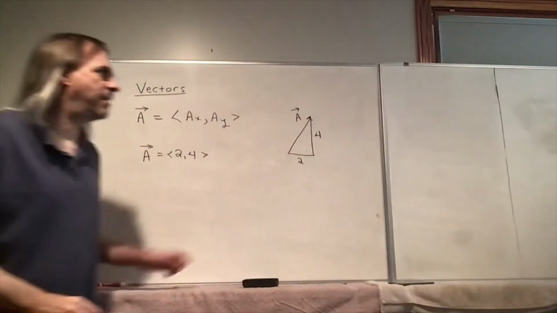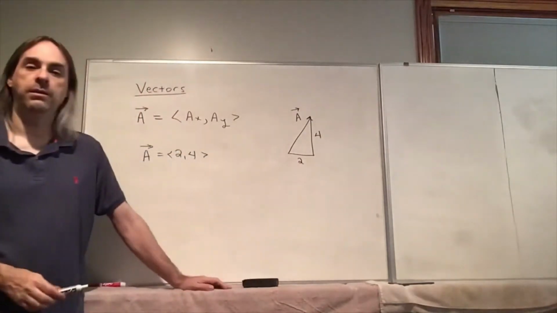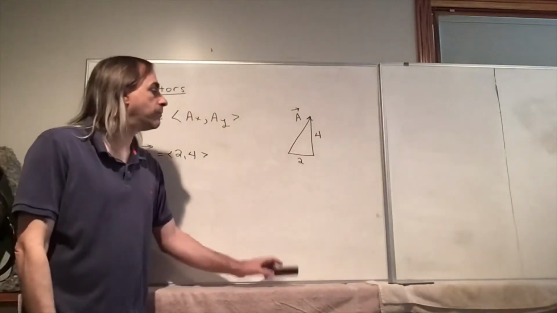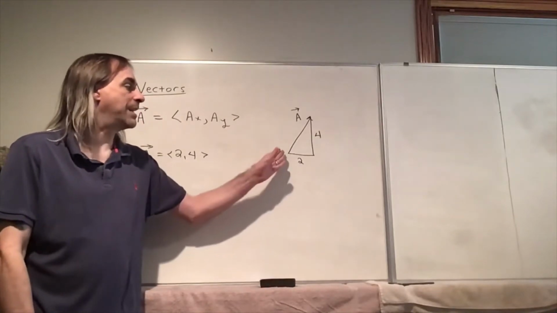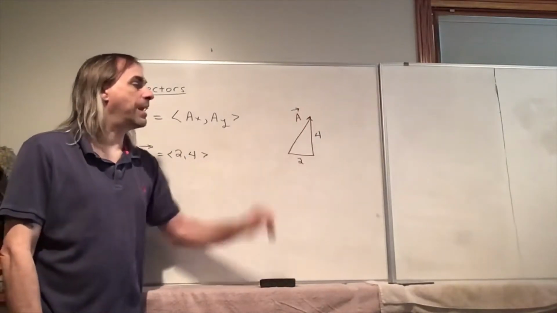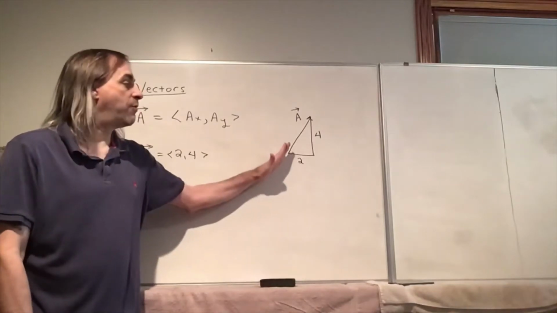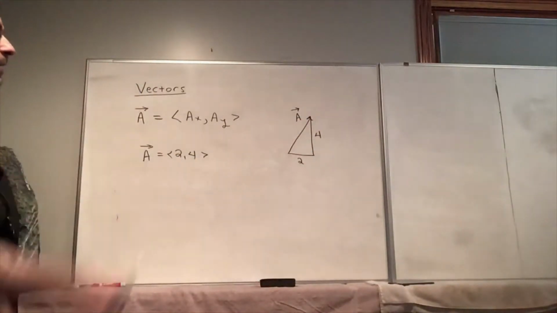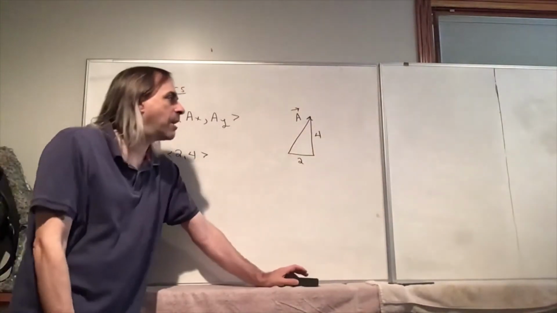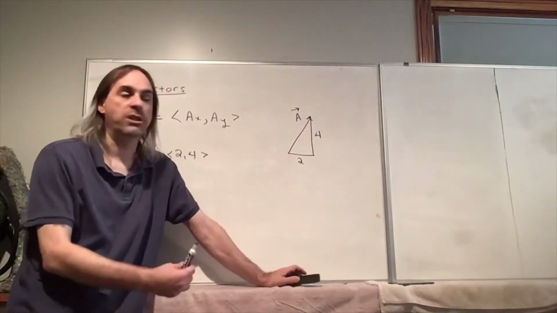This could represent a lot of things. It could represent a displacement that starts here and ends here, or maybe the velocity. Something is moving in that direction, or accelerating in that direction. Later we're going to talk about forces, which are vectors, and forces have direction.